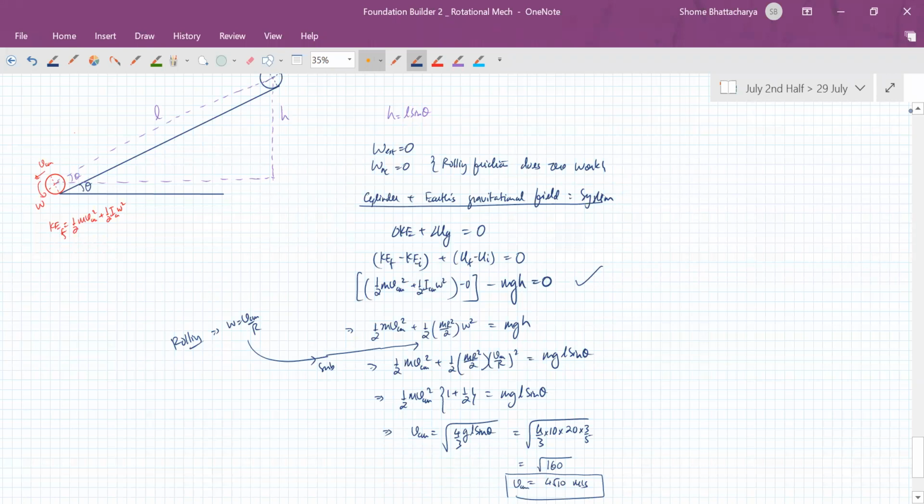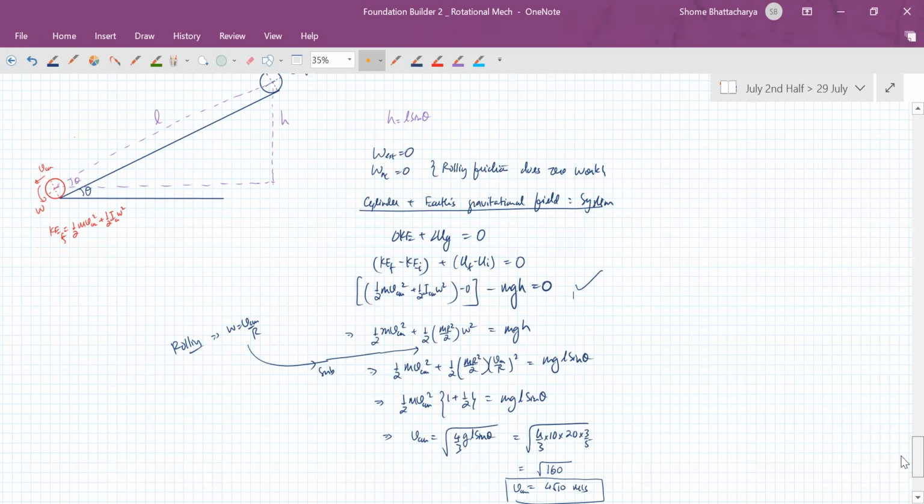Anyhow, with this we complete the chapter of rotational mechanics. At this stage you should look to complete HC Verma's rotational mechanics problems at least in the next couple of days or before the weekend. If you have doubts, you can ask in the next class.